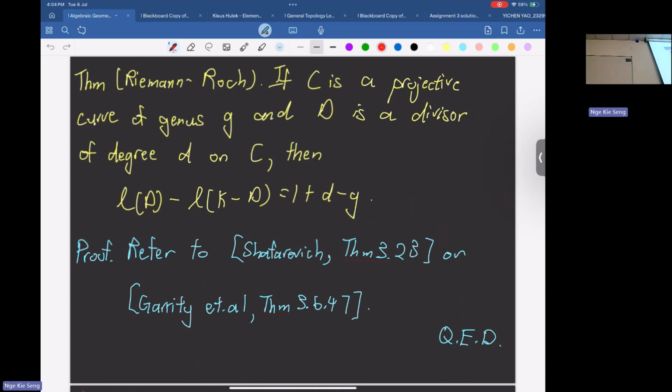Okay, so effective divisor says that all the coefficients of your divisor have to be greater or equal to 0. Okay, and then how did we define canonical divisor yesterday? Anyone remember or not?